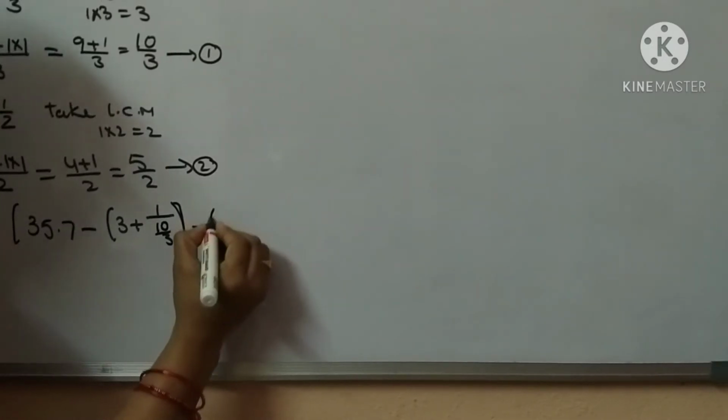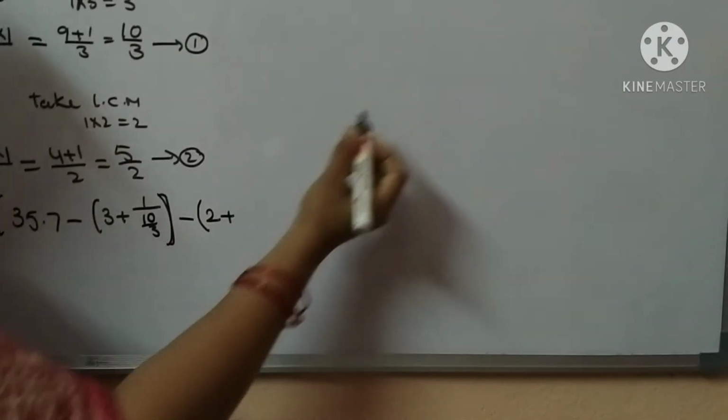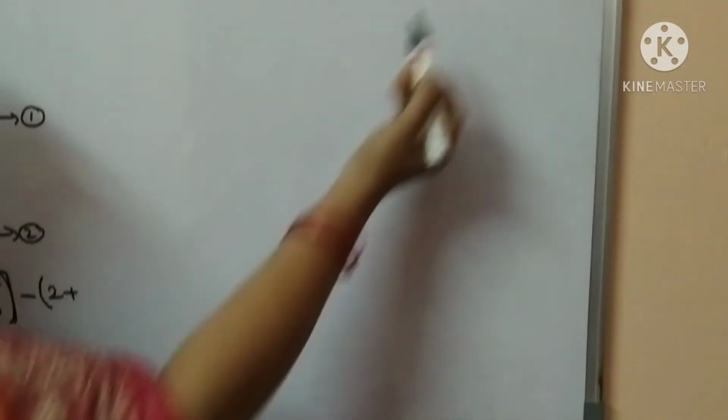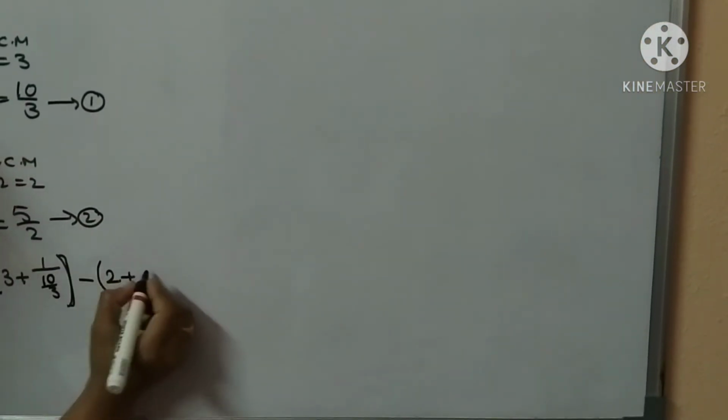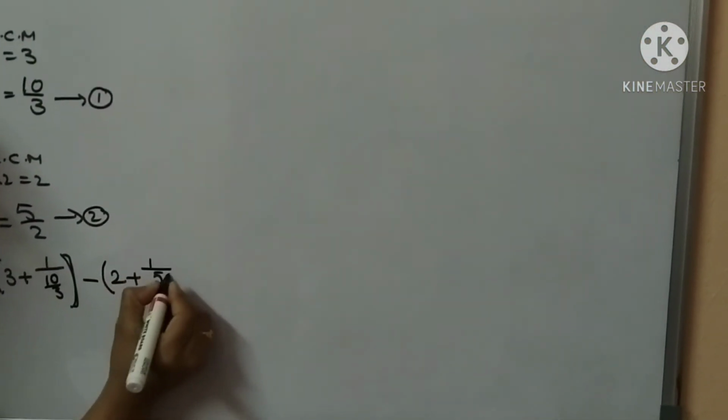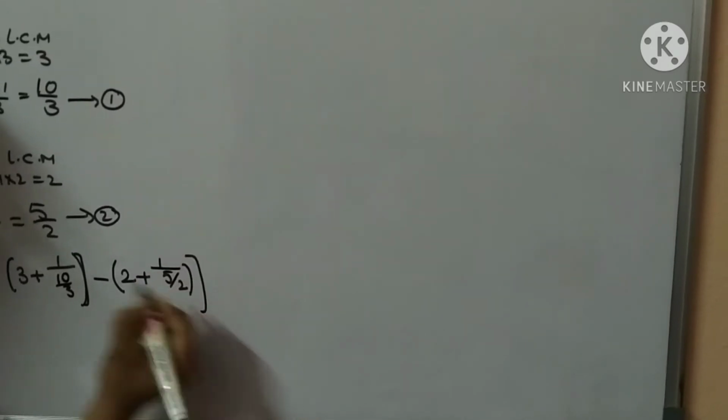Minus 2 plus 1 by 2 plus 1 by 2. What do we write here? 5 by 2. The value is 5 by 2. Okay.